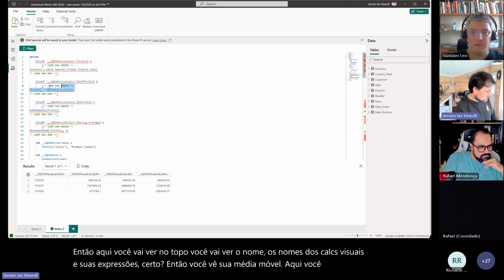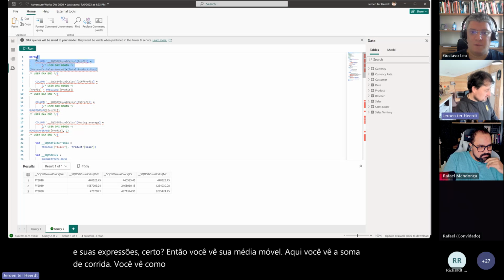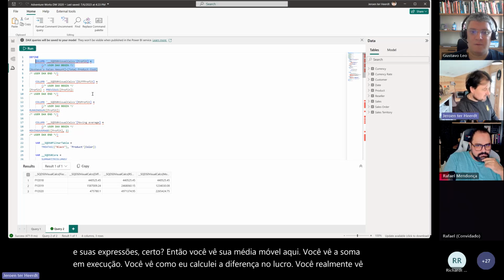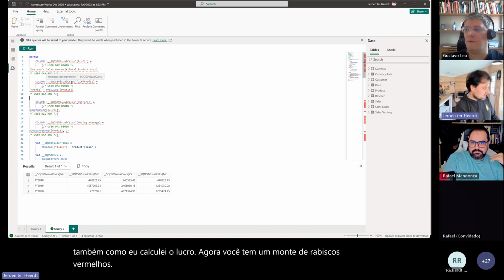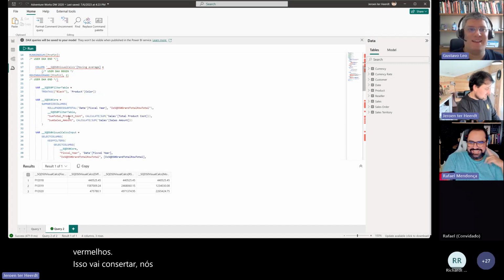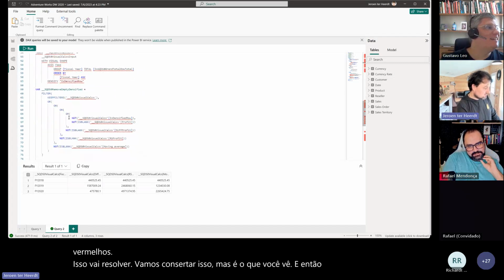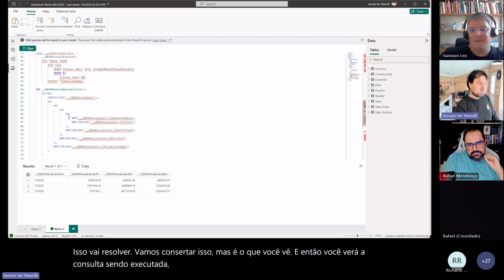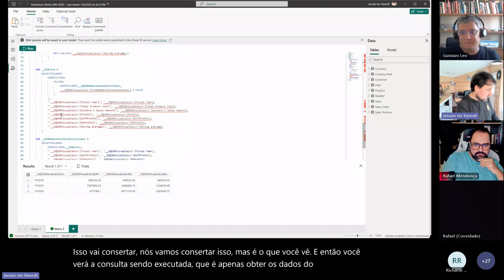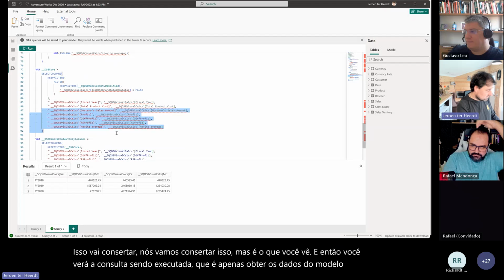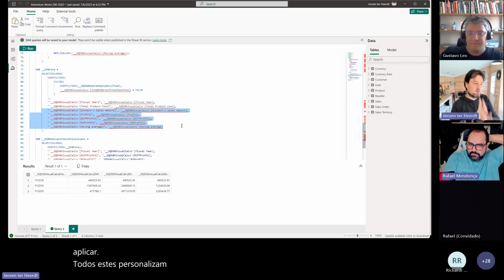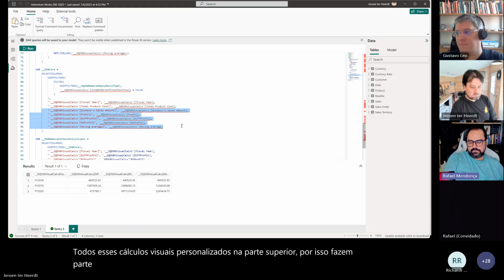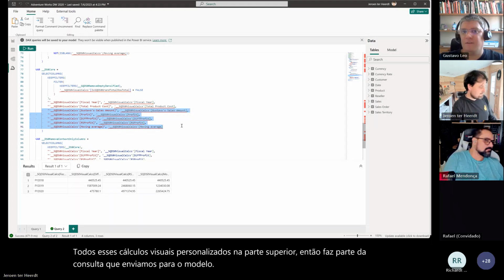You see how I calculated the difference in profit. You actually see also how I calculated profit, right? Now you get a lot of red squigglies. We'll fix that. But that is what you see. And then you'll see the query being executed, which is just getting the data from the model, and afterwards applying all of these visual calculations on top. So it's part of the query that we send to the model. Good. Yep. Yeah, it's fantastic.